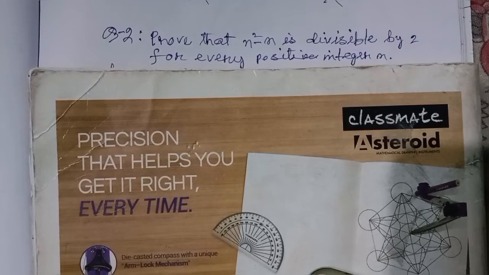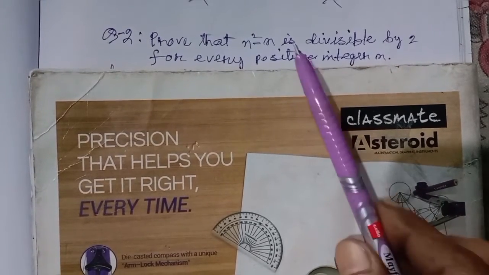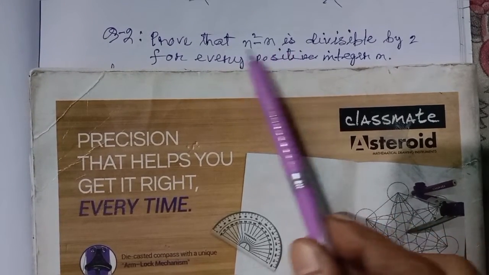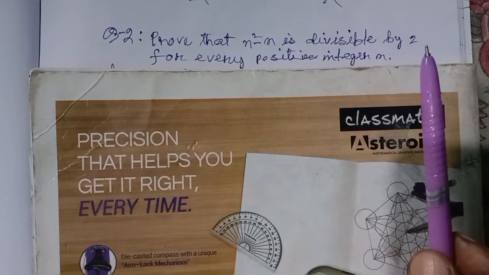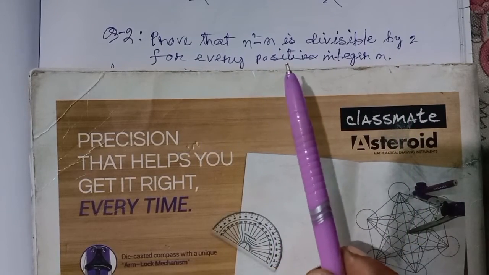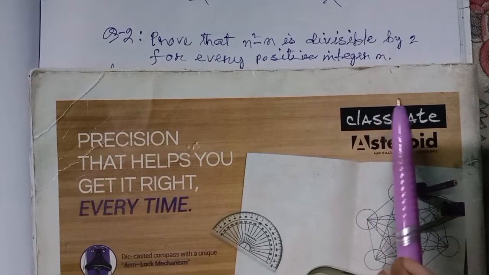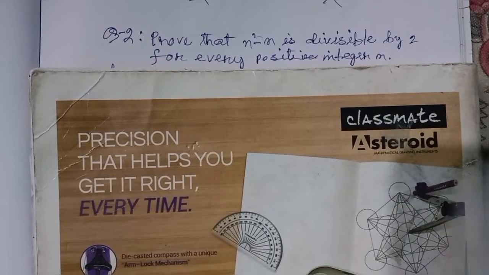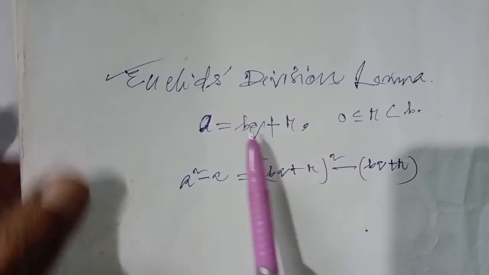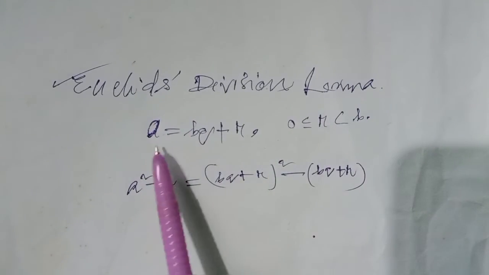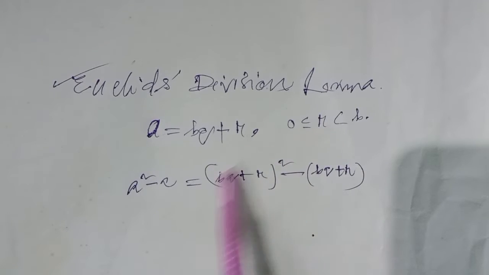Okay. Please read the second question. Prove that n square minus n is divisible by 2 for every positive integer n. Here you have to understand one thing. In Euclid's division lemma, we have a is equal to bq plus r.